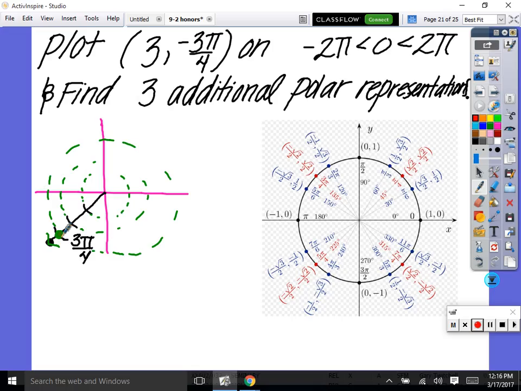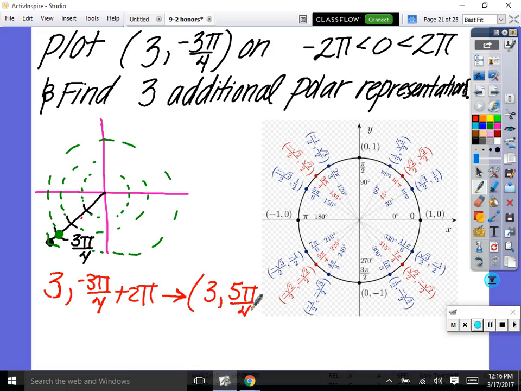Remember, we have to graph theta first. So going around an additional 2 pi, and then out 3 units would put us there. So 3, comma, and then negative 3 pi fourths, and we're going to add 2 pi. So putting us in the same spot would be (3, 5 pi fourths).